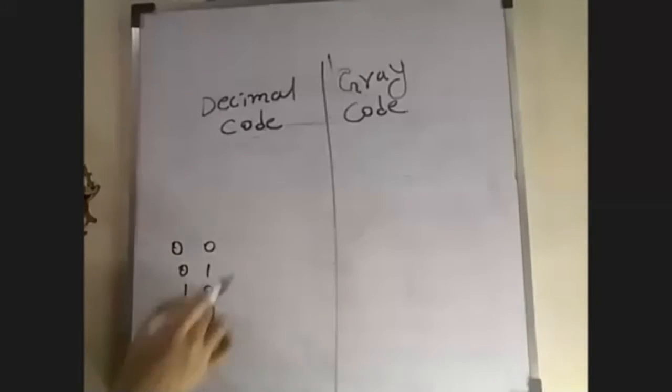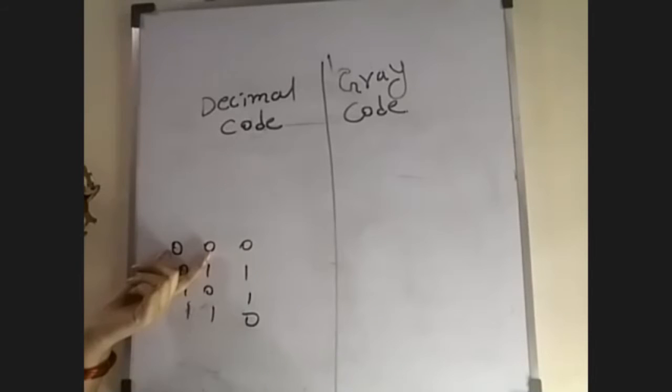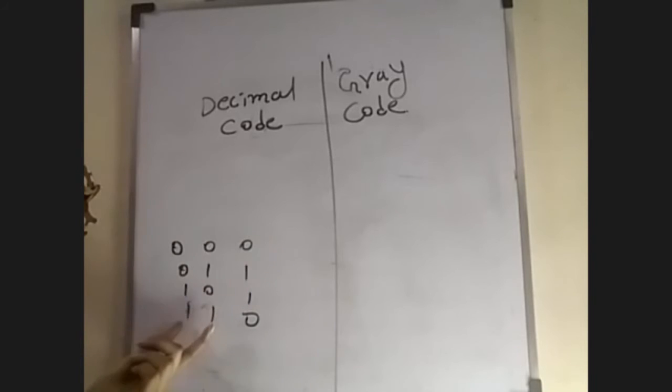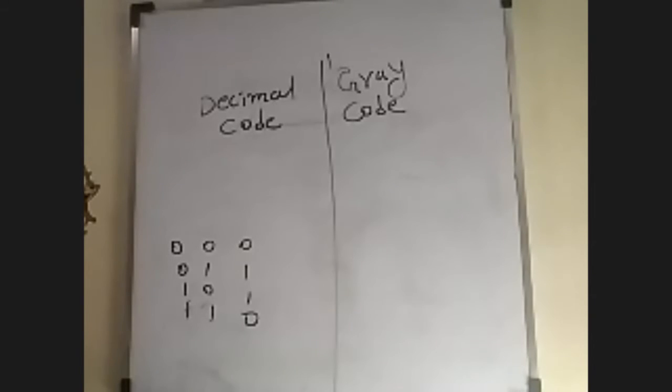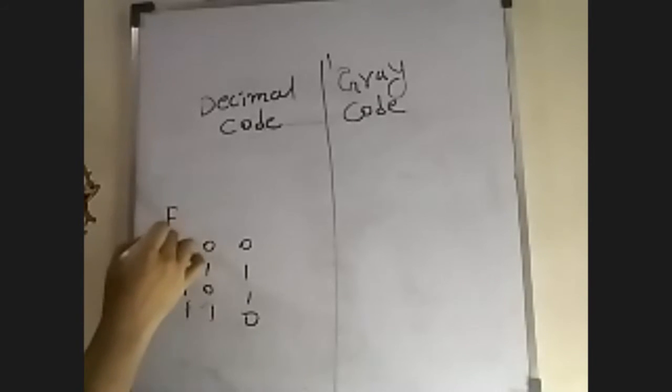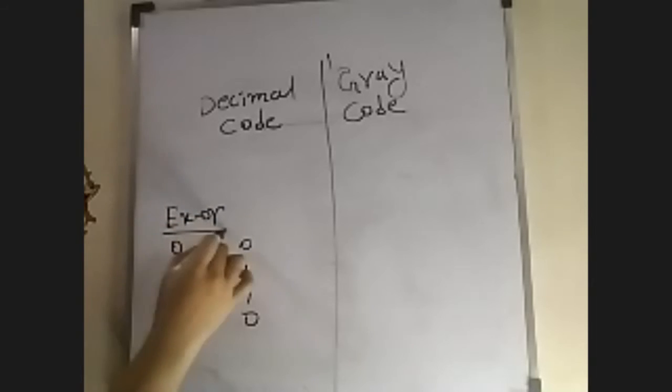In the remaining cases, the output will be 1. Exclusive OR means if the two inputs are the same, the output will be 0. If any one of the inputs is 1, the output will be 1. Is it clear?